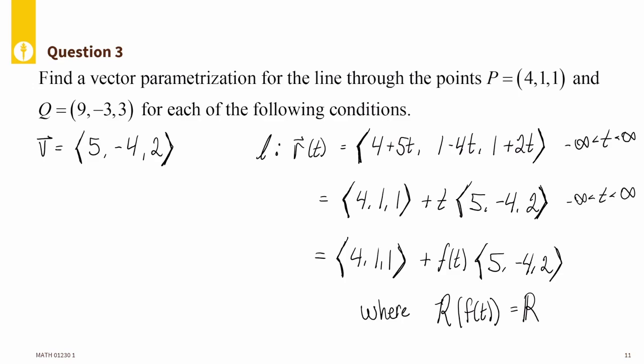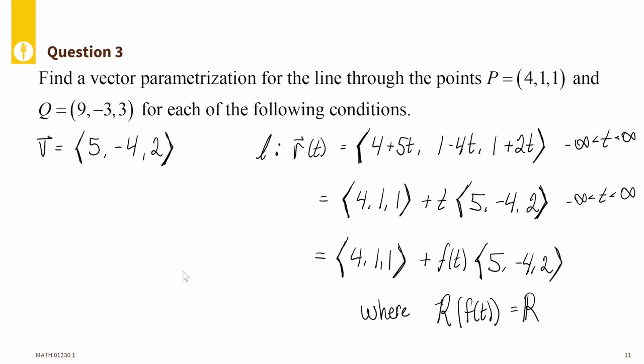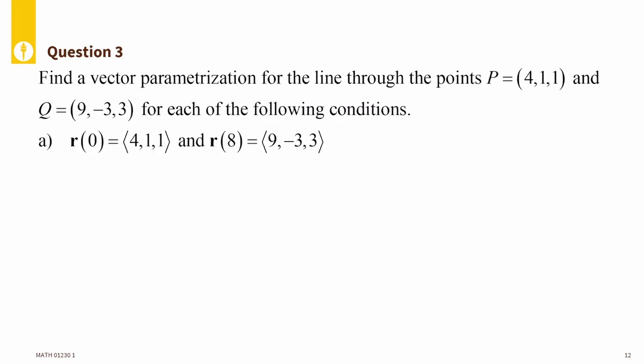You could have used the point Q as well if you wanted to. But this is the important part here. Our line has to have that form. And now we're being asked to have it satisfy certain conditions.